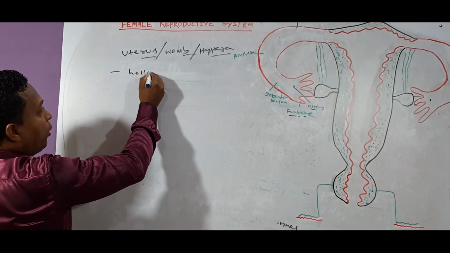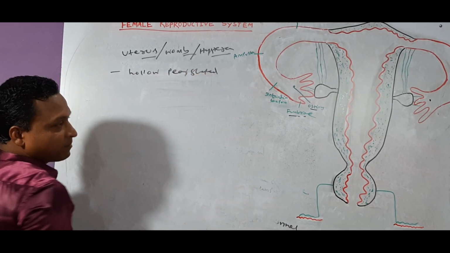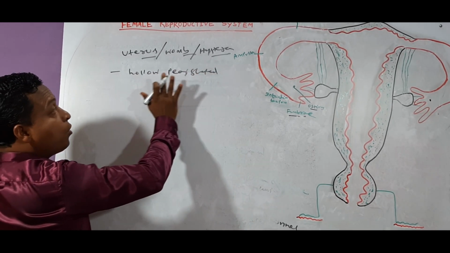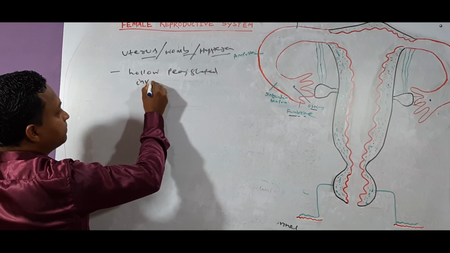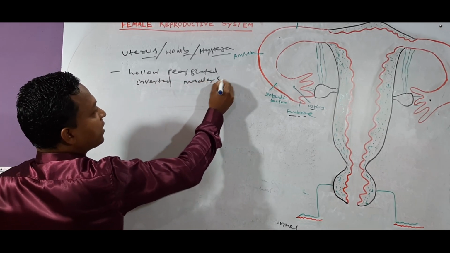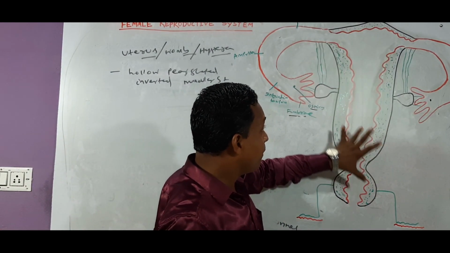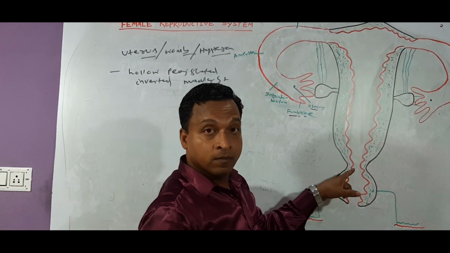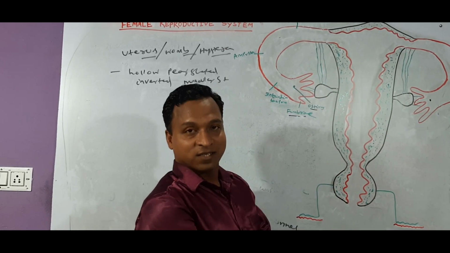It is a hollow, pear-shaped, inverted muscular structure. Yes, it is hollow, pear-shaped, inverted and muscular.